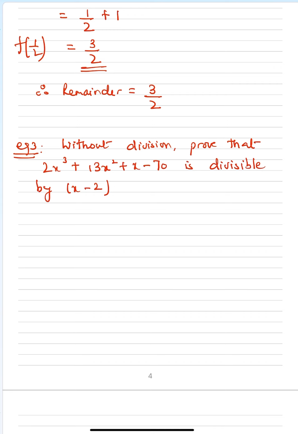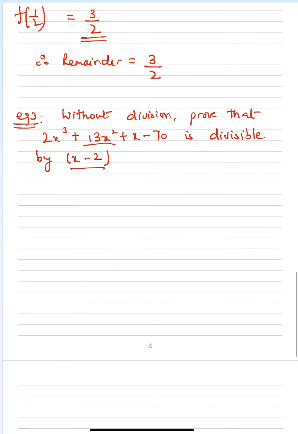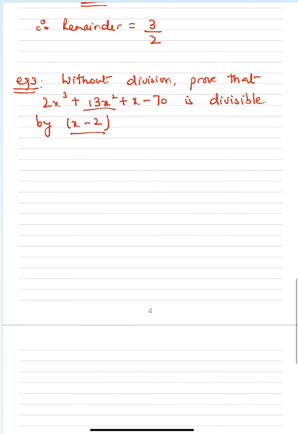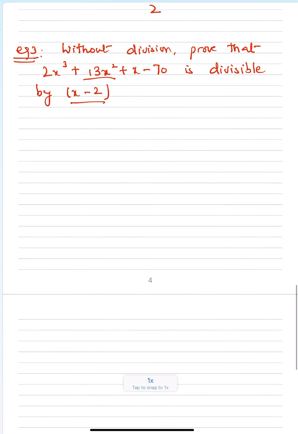Okay, they have not directly given us that this polynomial is divided by x minus 2. But they are asking us to not divide, and to prove that this is divisible by x minus 2. Now if the given polynomial is divisible by x minus 2, it means the remainder should be equal to 0 on putting x is equal to 2.